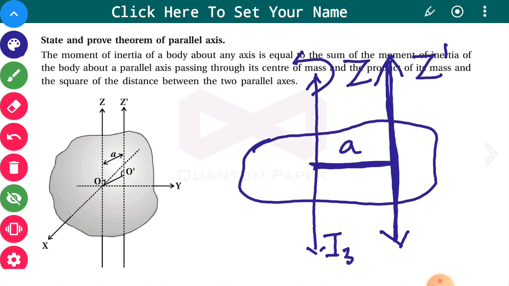Now try to understand. The mass of the total body is m.